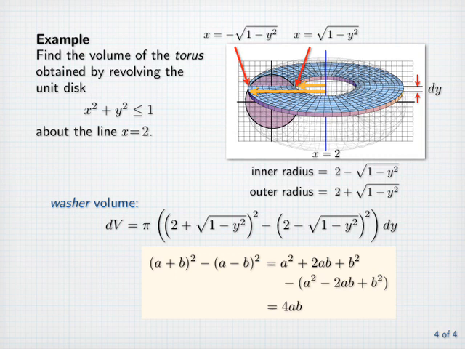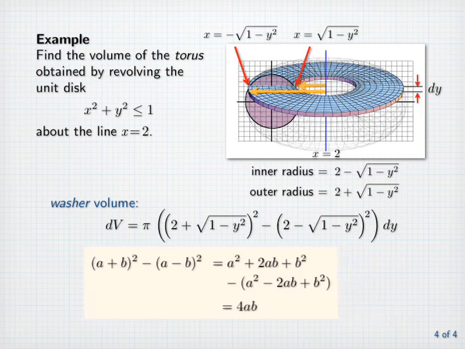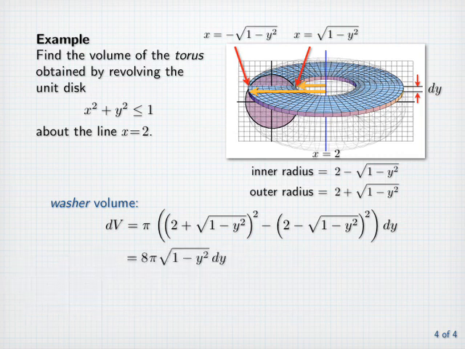In our situation, a is 2 and b is the square root of 1 minus y squared, so this 4ab is actually 8 times the square root of 1 minus y squared. So our dV equals that times pi times dy, 8 pi times the square root of 1 minus y squared dy.